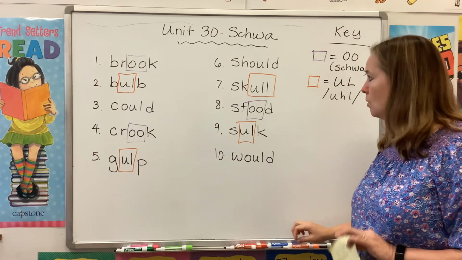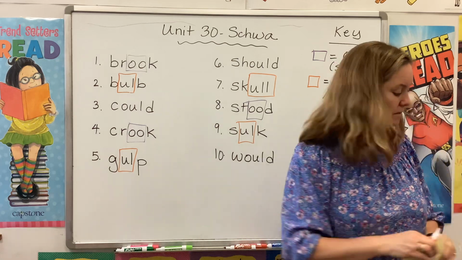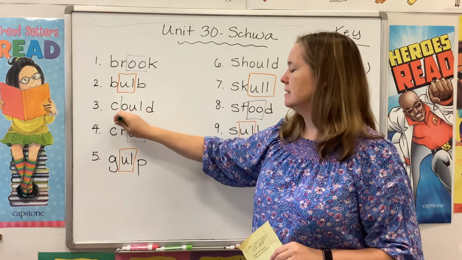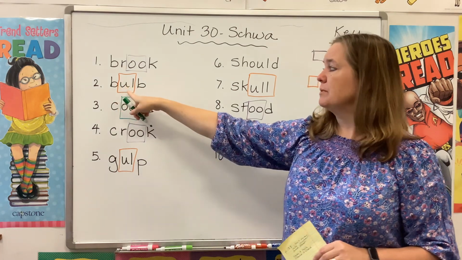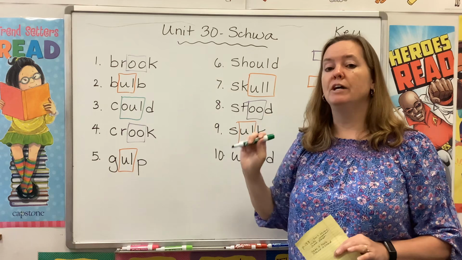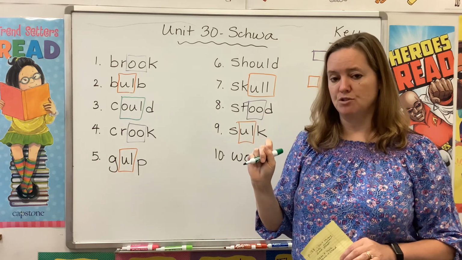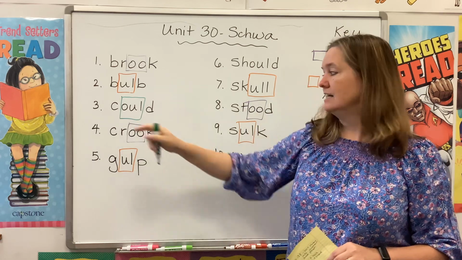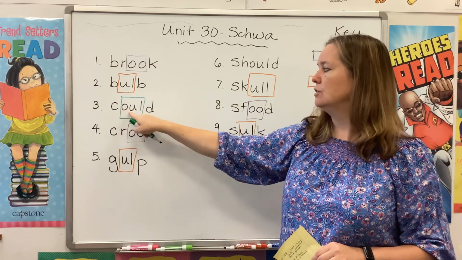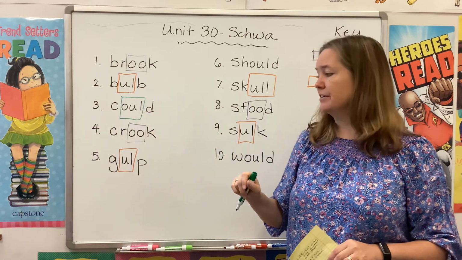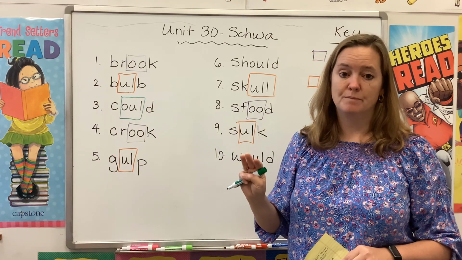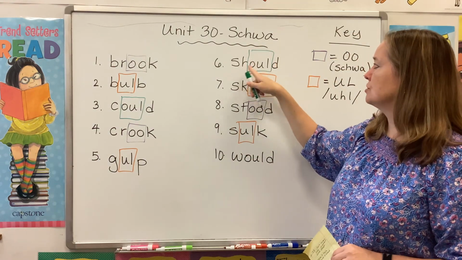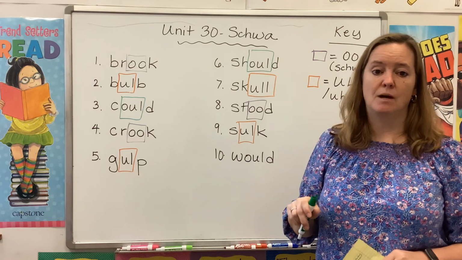Okay, one more pattern I want to talk about, and that is the O-U-L. Now notice when it was just U-L, we heard the L after the schwa. When it's O-U-L, that L is silent. Could, k-d. 5 letters, only 3 sounds. Same thing here with should, sh-d, only 3 sounds.